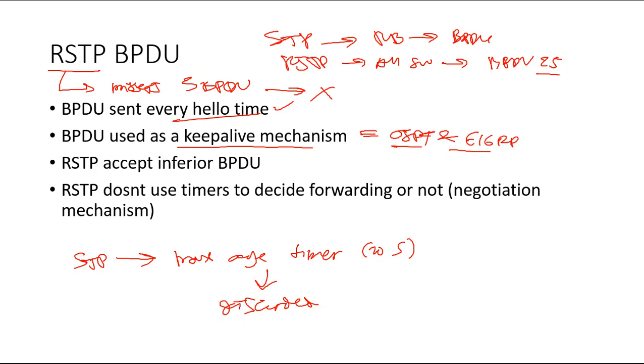The classic spanning tree was based on timers, while RSTP doesn't use timers anymore. It uses a negotiation mechanism, the proposal and agreement mechanism, which will be discussed in the next slide.